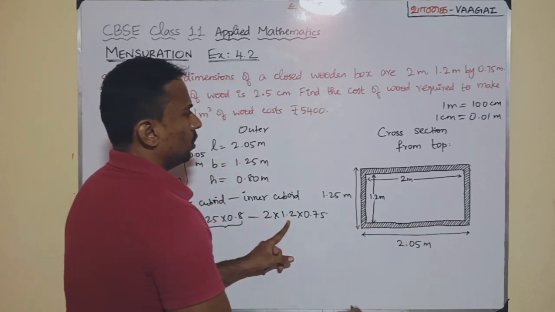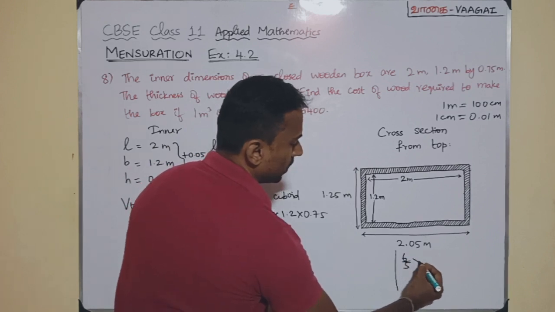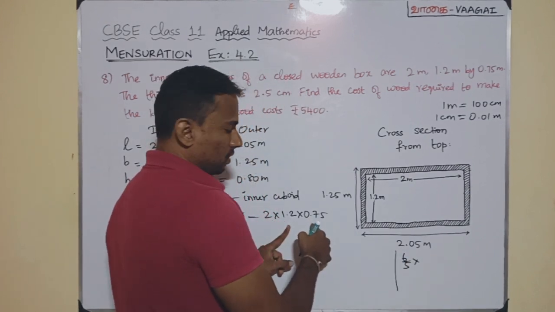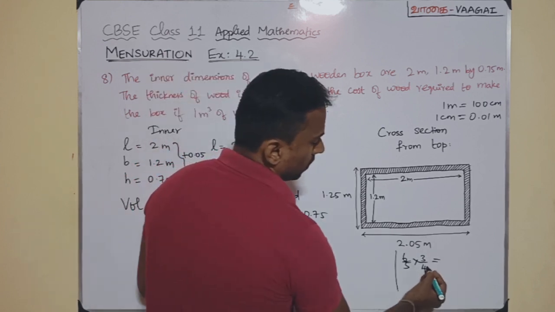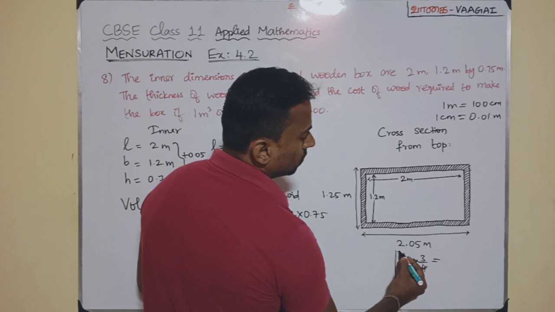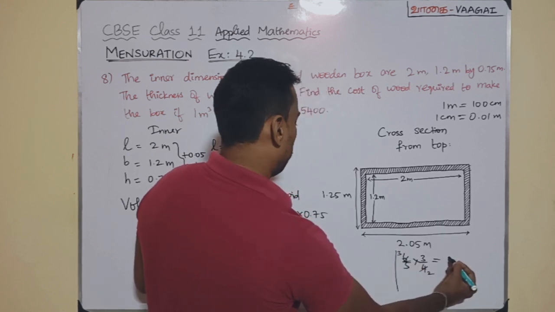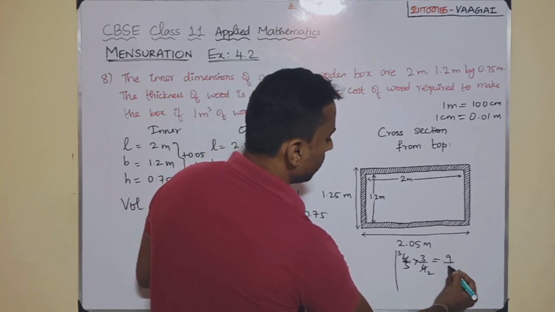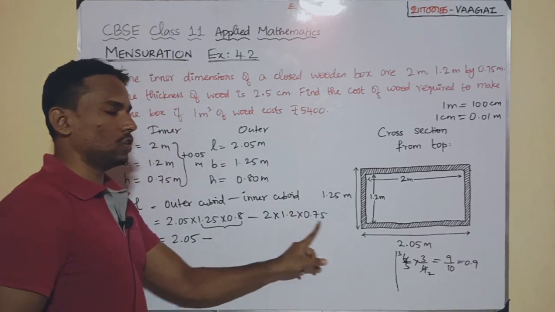So let me take this small space to work it out. 1.2 is 6 by 5, I'm writing as fractions, and 0.75 is nothing but 3 by 4. When you multiply these two, you get 3 twos are 6, 3 threes are 9, so 9 by 10. So 9 by 10 will be 0.9. Yes, so we get 0.9 here.